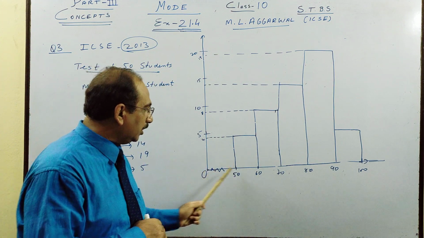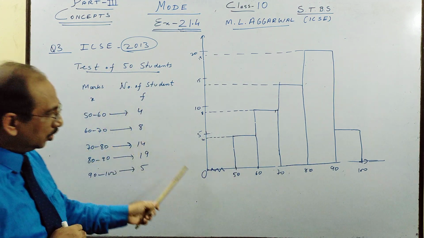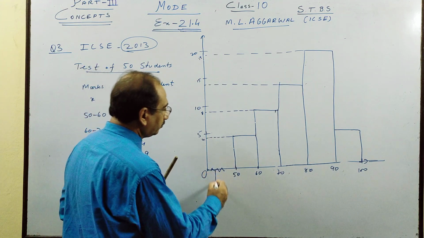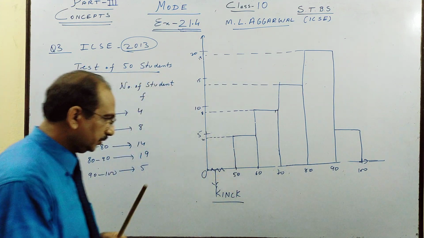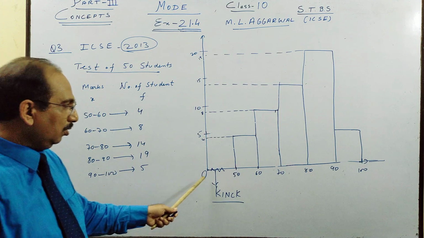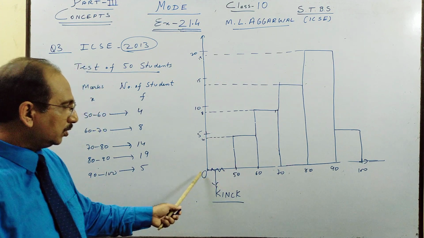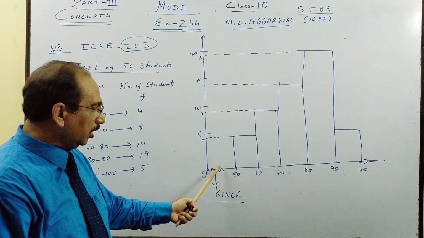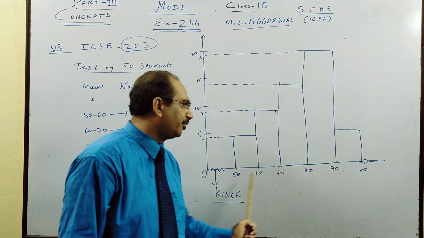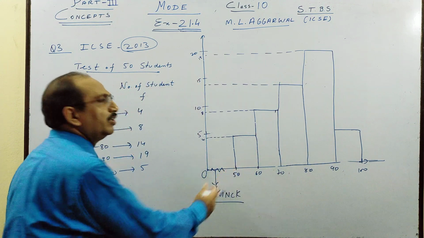So here 0 to 50 no one got. So this is called a kink. We draw a kink so that this is not as per the order, because 0 to 50, suppose we draw 50 to 100, this much space will be blank.